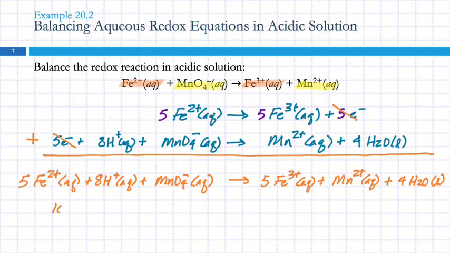So we've got 10 plus 8 and then minus 1. So that's what, plus 17? Over here, I have 5 times 3, which is 15, and a positive 2, and nothing on the water, and so that's also plus 17. Any questions?